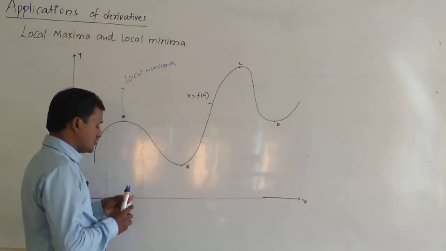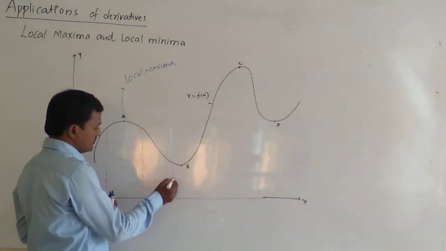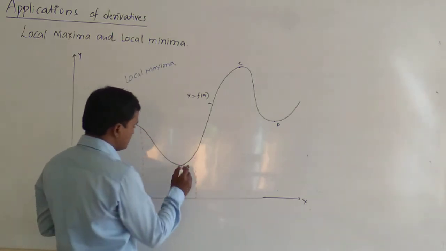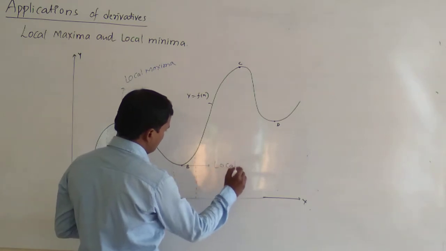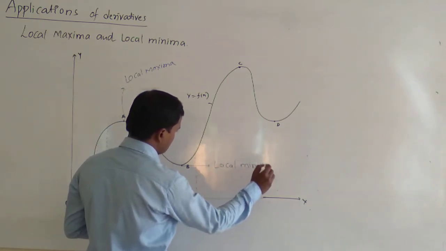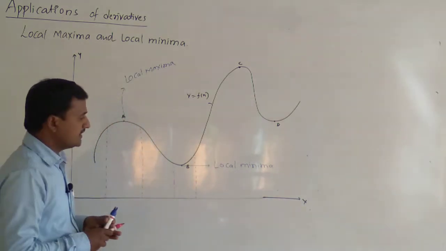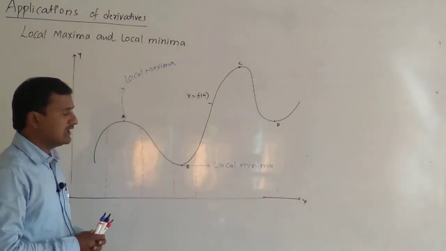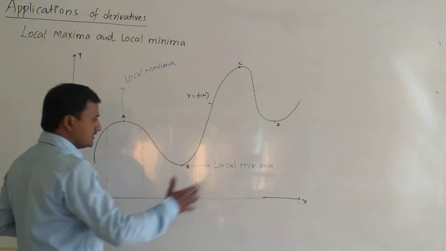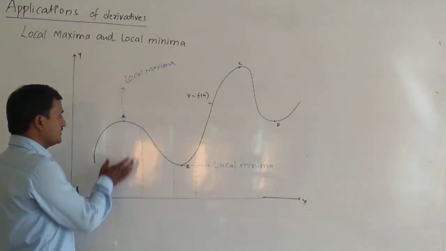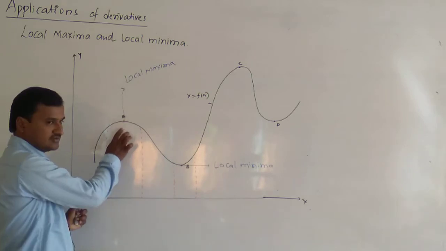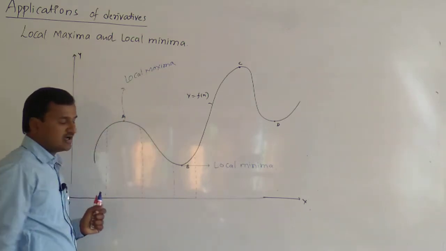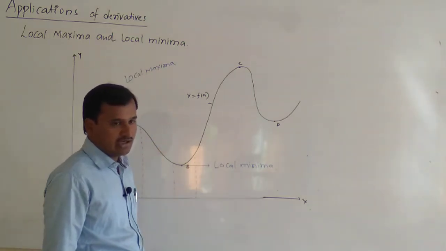And if I check the functional value at point B in its interval, this is called a local minima. So the meaning is: instead of taking the whole interval, if you take the values of the function in a small interval, then this point is called a local maxima, and this is called a local minima, right?